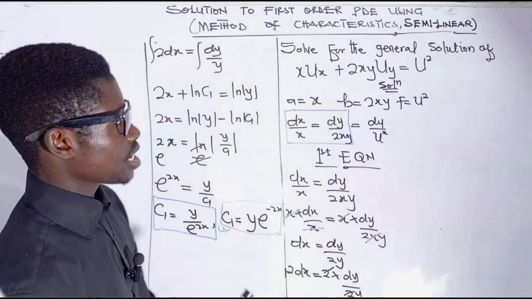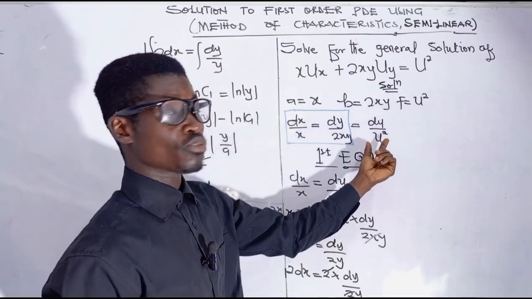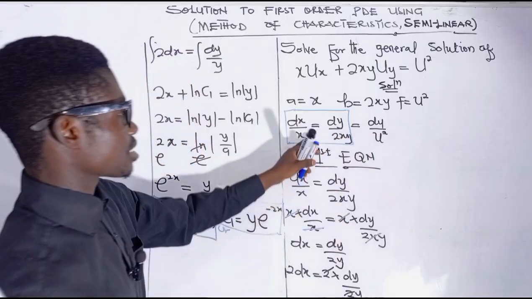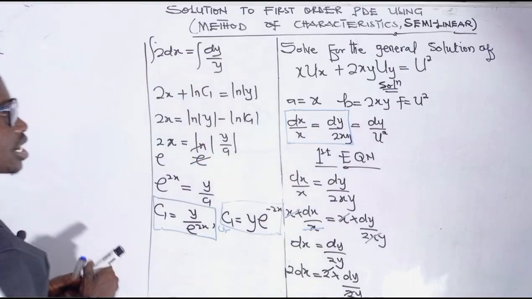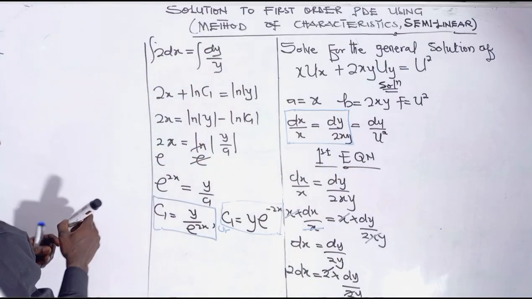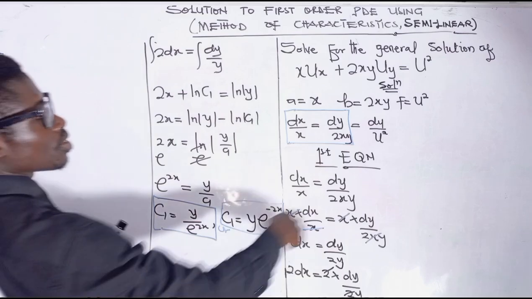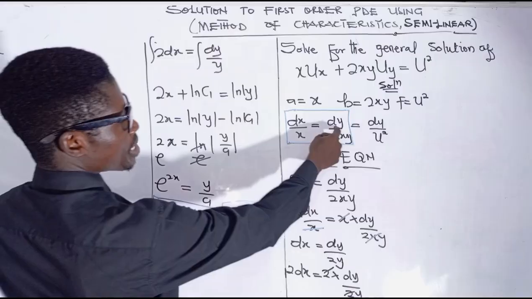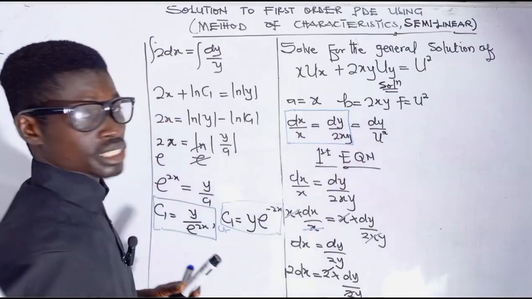Since our f is not equal to 0, we are going to form another equation. We are going to pair this with any one of these. So we have du over u squared and dx over x. Now you see that when we pick this and this, it will be very difficult for us to integrate.